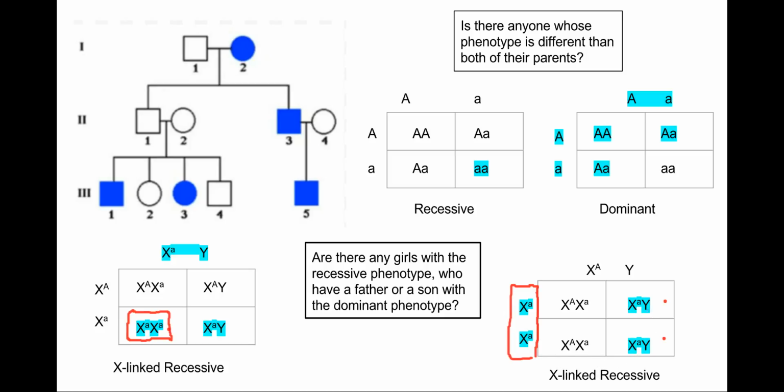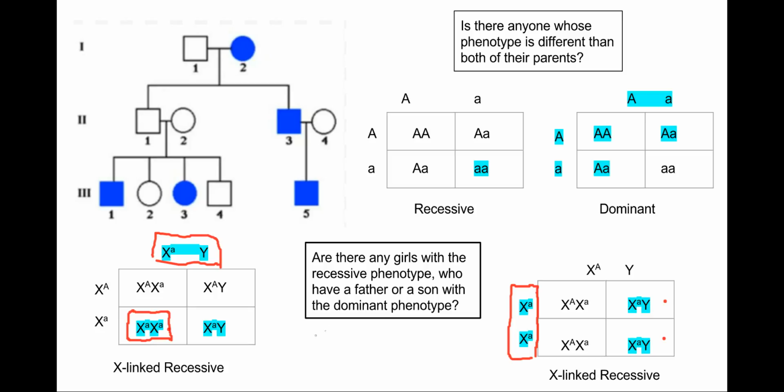So we are looking for anything that might break these rules: a daughter not having a father that has it, or a mom not having a son that has it. And if any of those rules get broken, then it's autosomal recessive.